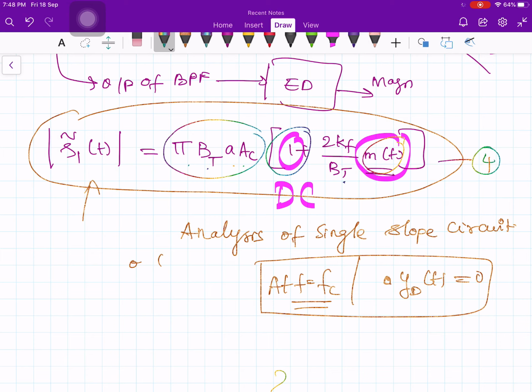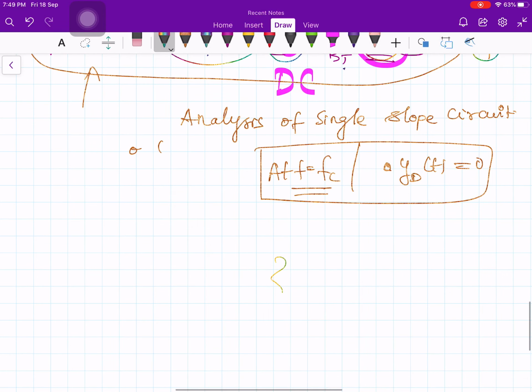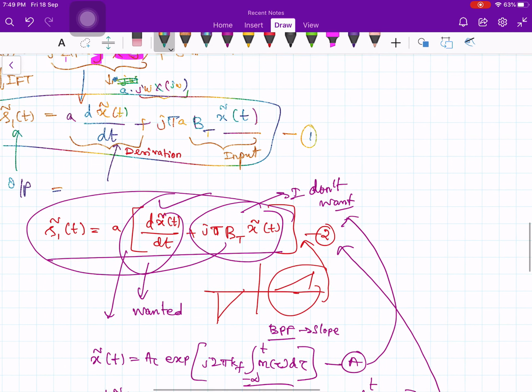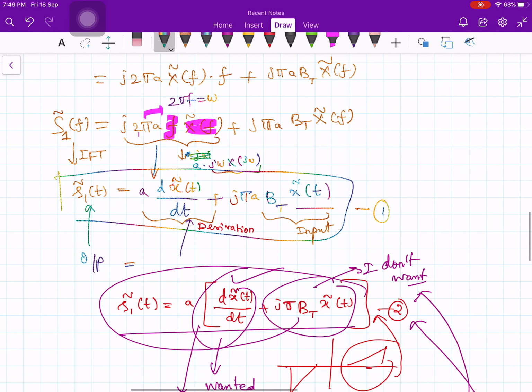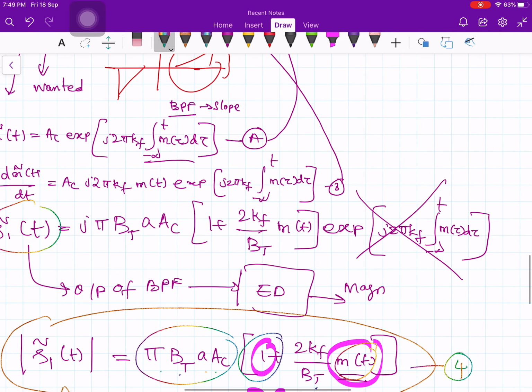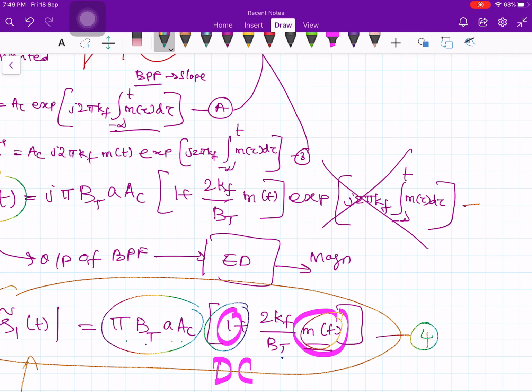Basically the same thing that we argued physically earlier in one of the lectures, that the slope circuit converts the FM signal or angle modulated signal into an amplitude modulated signal, an AM signal. Let me say this is equation 4 and this one is equation 5.